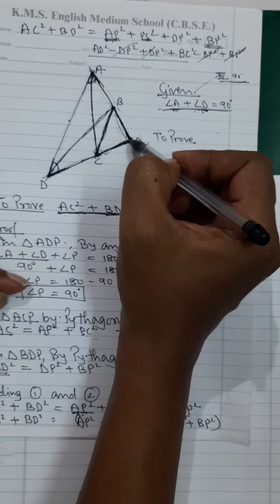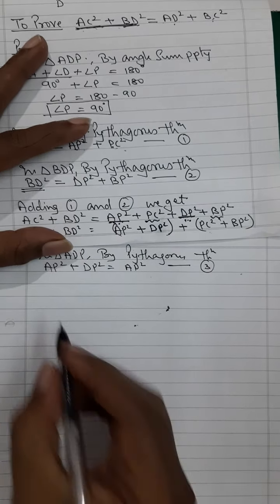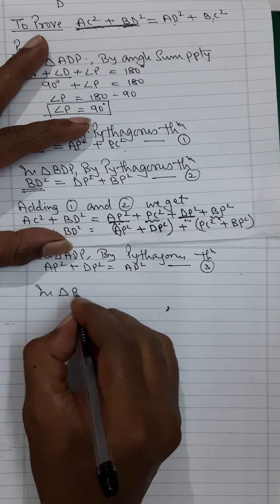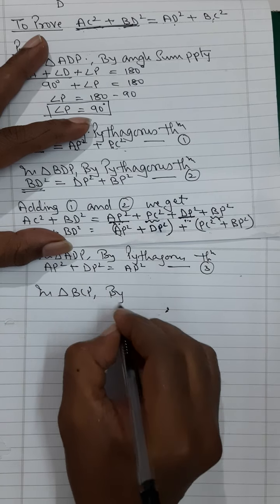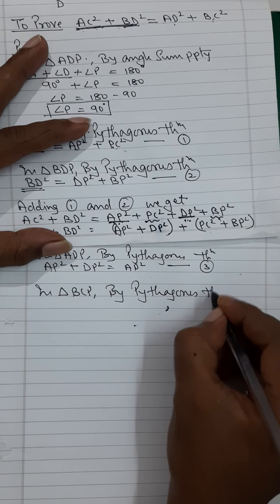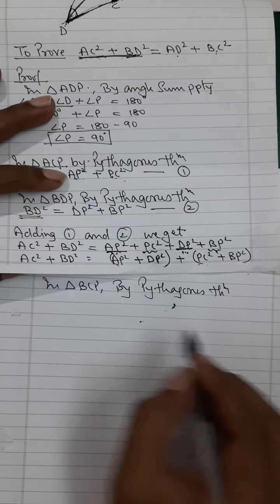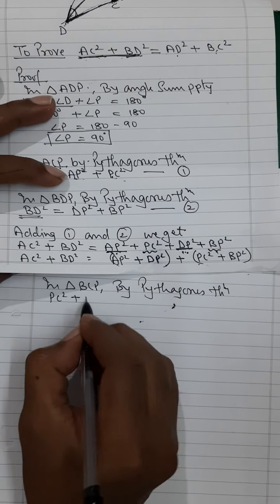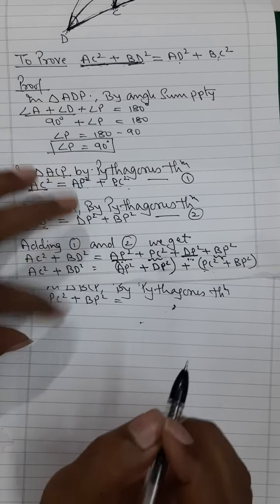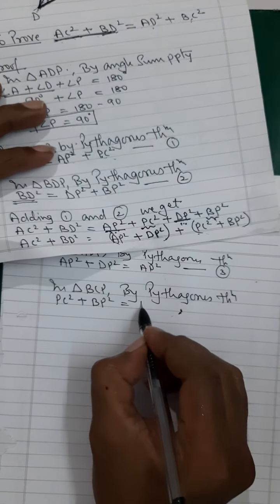And the second one is PC square plus BP square, again in triangle BCP. What do I get? PC square plus BP square is equal to BC square.